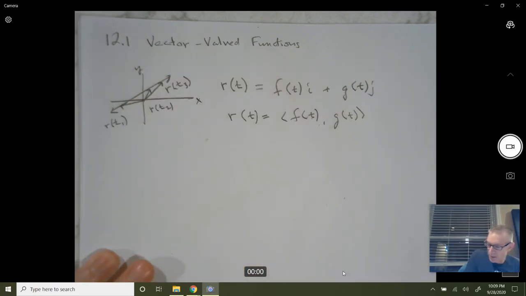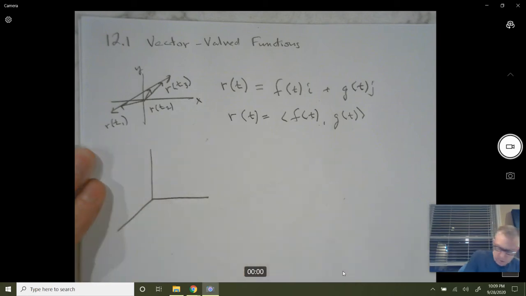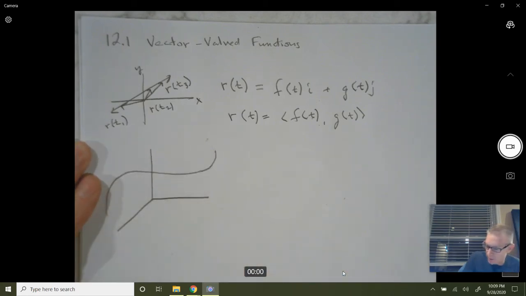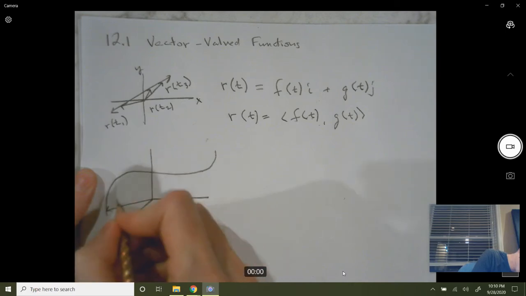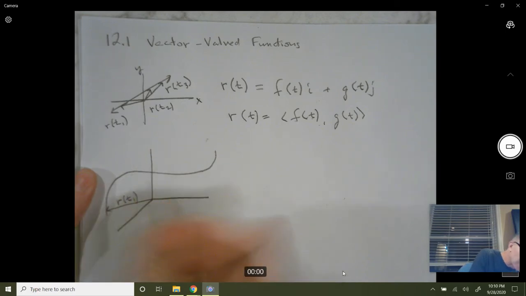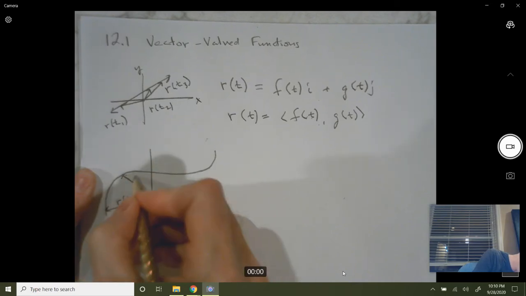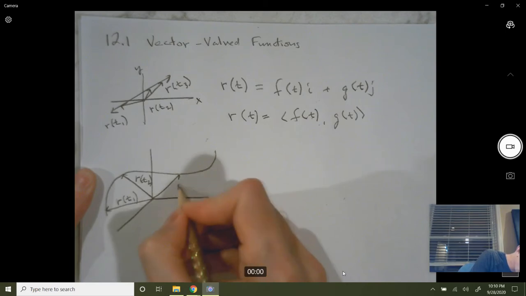Okay, then we might have something in 3 dimensions. So you've got this curve that winds around in 3 dimensions. Okay, and you'll have this vector over here might be an r of t1 that gets you to this point on your curve. r of t2, r of t3, and so on.